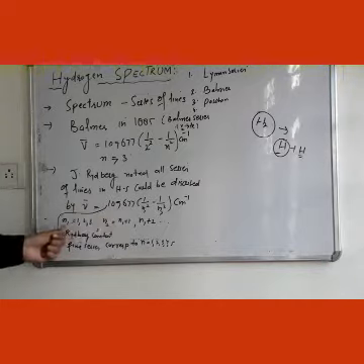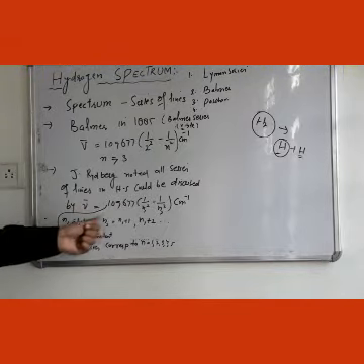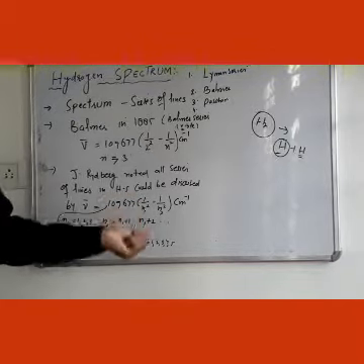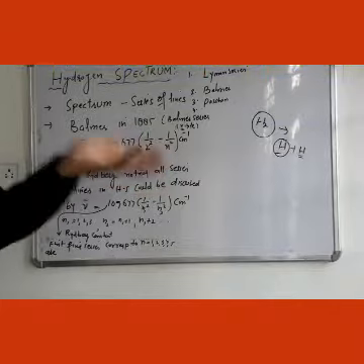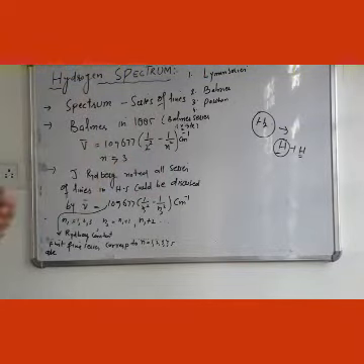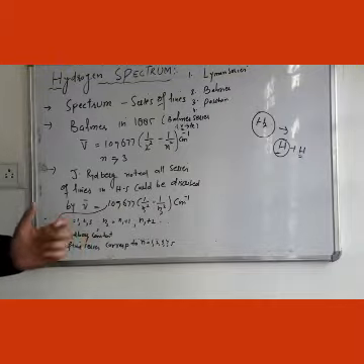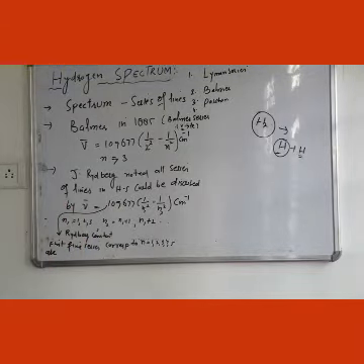While n1 is 1, 2, 3, n2 can take values n1 plus 1, n1 plus 2, n1 plus 3, n1 plus 4, and so on. This 109677 is known as the Rydberg constant.